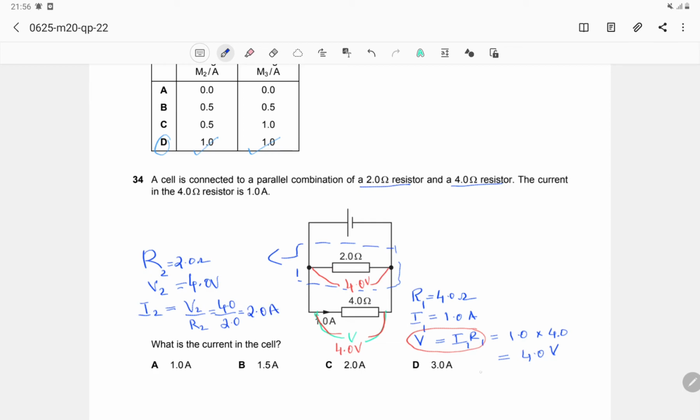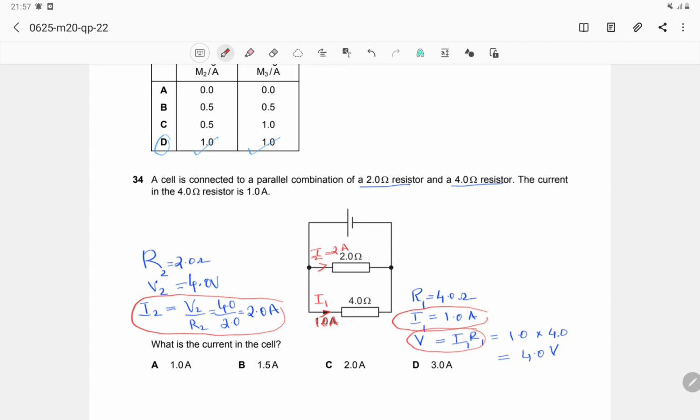Now we have calculated I2, the current passing through the 2 ohm resistor. And in the question it's already given the current passing through the 4 ohm resistor, which we are considering as I1, that is 1 ampere. Likewise, we have calculated the current passing through the 2 ohm resistor, I2, that is 2 ampere.